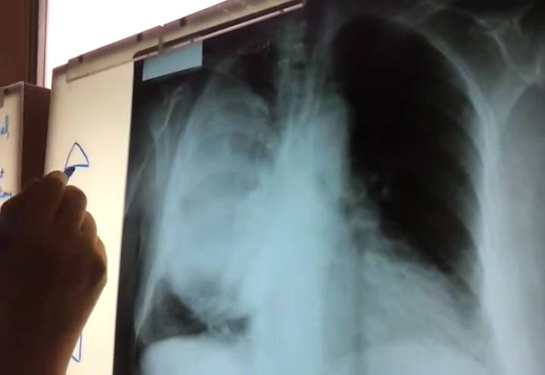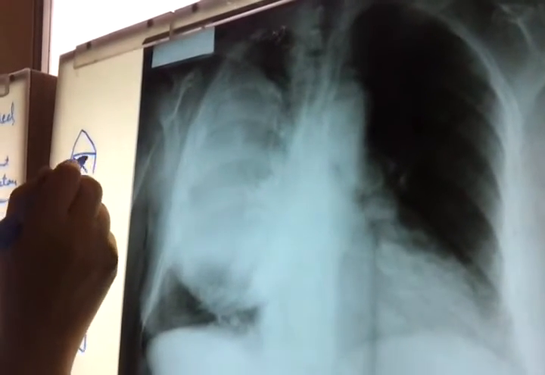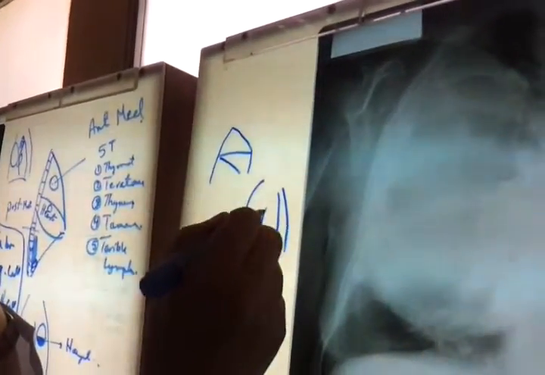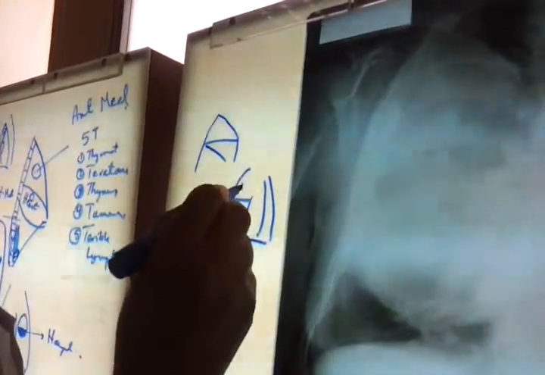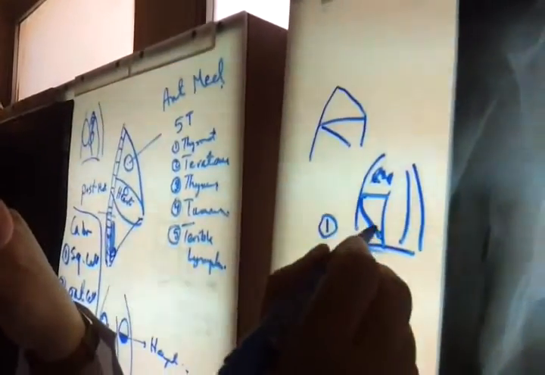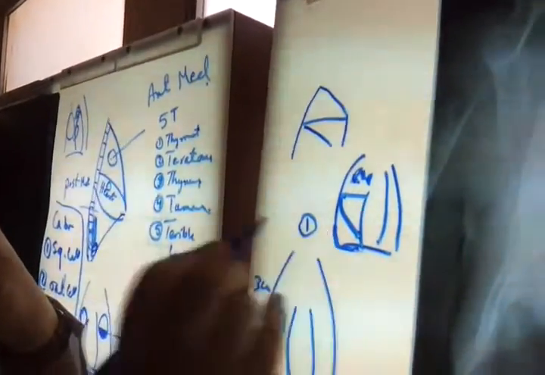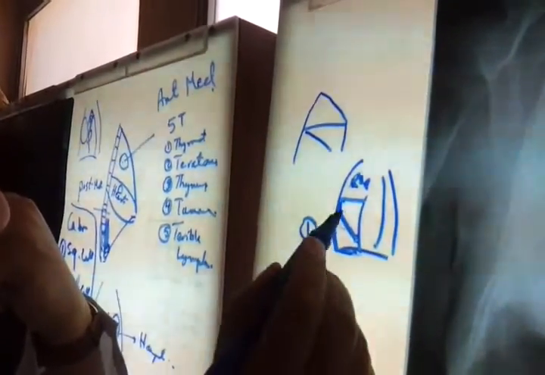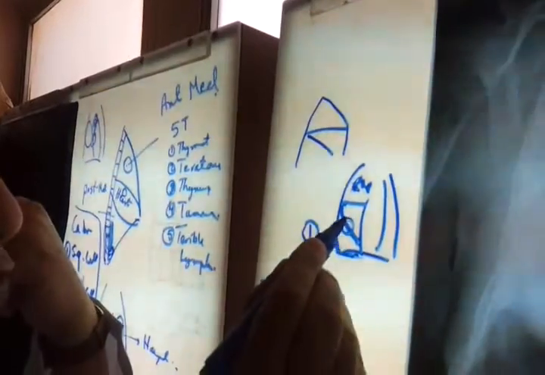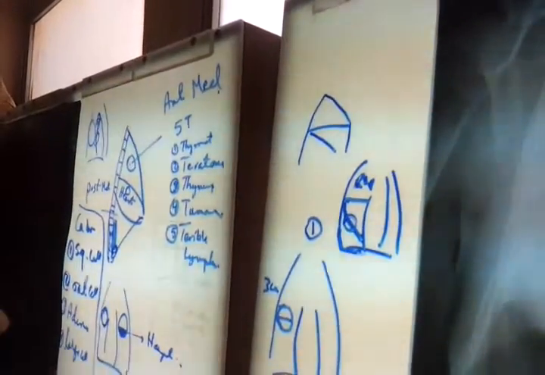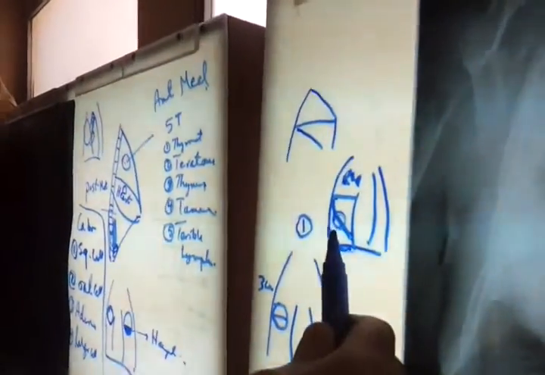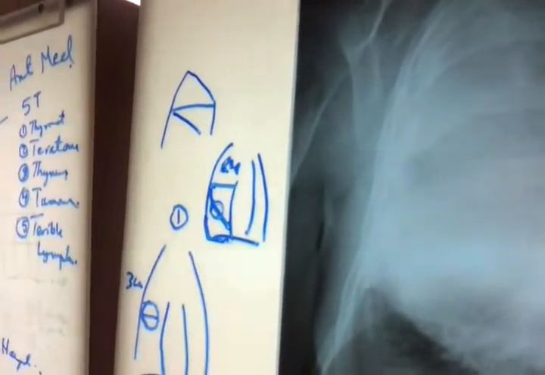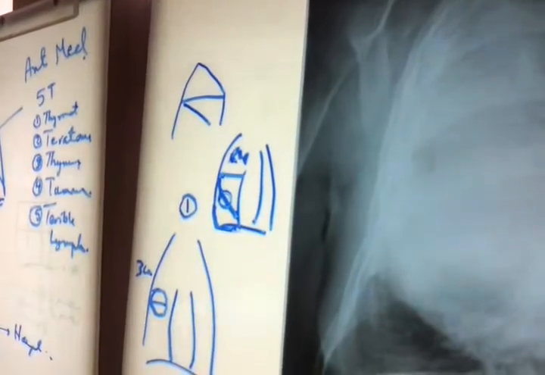This is the right upper lobe, this is the middle lobe, and this is the lower lobe. Usually hydatid is in between the fissure. This is the site of the hydatid usually. I mean, causing damage of the middle lobe and lower lobe, and it mainly occurs in the fissure in between.